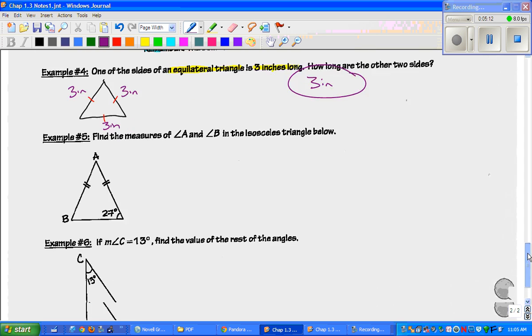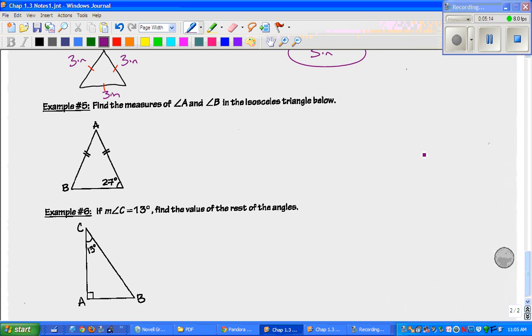Next one. Example number 5 says find the measures of A and B in the isosceles triangle. So here's angle A, there's angle B. In an isosceles triangle, we know that the base angles are the same. So that means that angle B is 27 degrees.